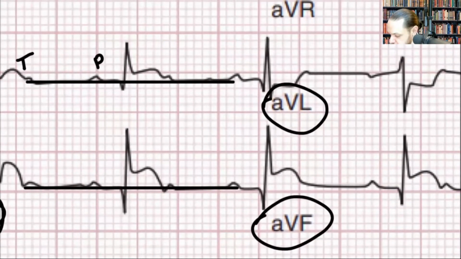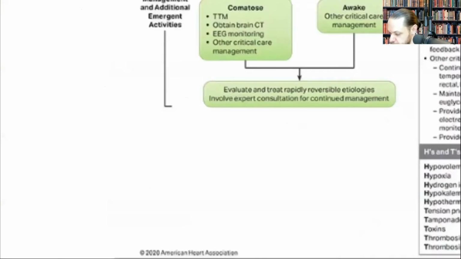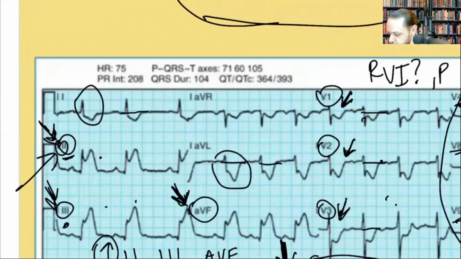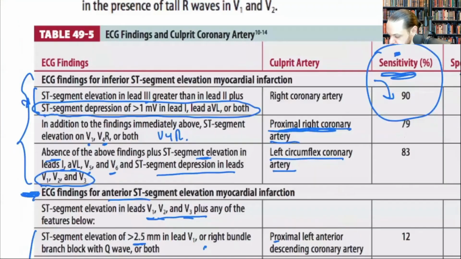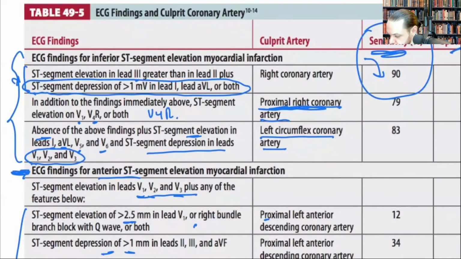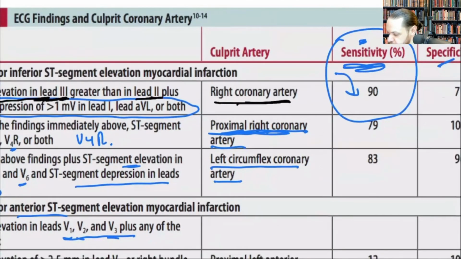Maybe this is 2 millimeter elevation, maybe this is 1 millimeter elevation. But I definitely could say lead 3 has more elevation than lead 2. And if we go back to our prior chart, notice how it says ST segment elevation in lead 3 greater than lead 2 is right coronary artery, very specific and sensitive.